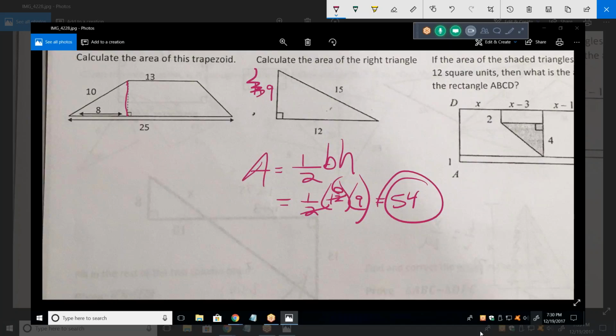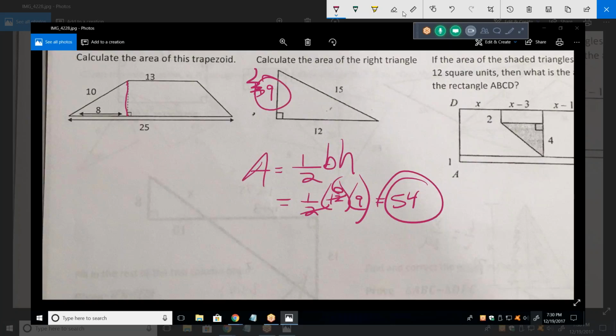Now, they're not always going to give you just 3, 4, 5 triangles. Sometimes they're going to give you triangles that are not 3, 4, 5, and you have to use the Pythagorean theorem to solve for that side.